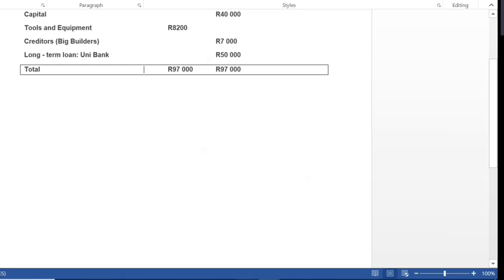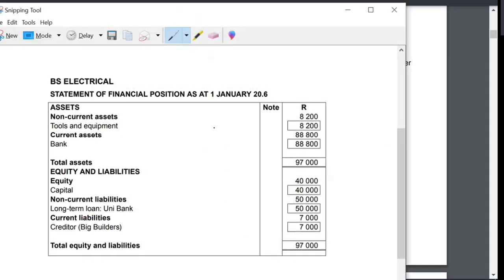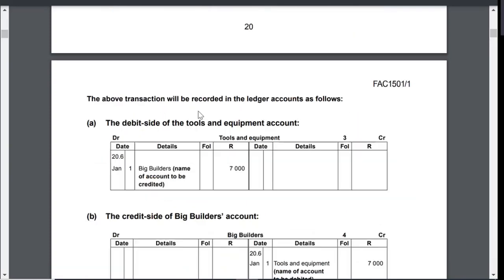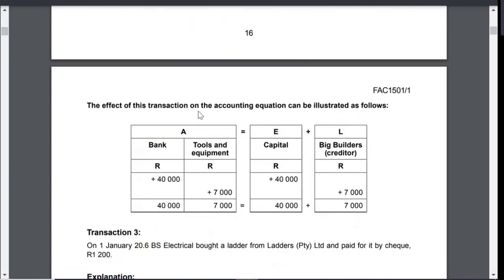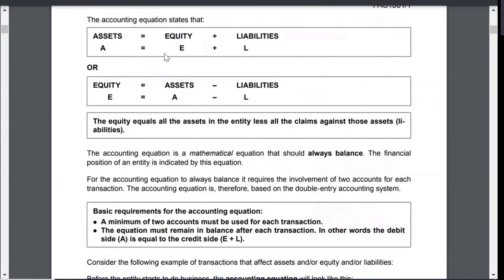I want you to look at this financial position. What is the accounting equation saying to us? The accounting equation is saying assets equals equity plus liability.